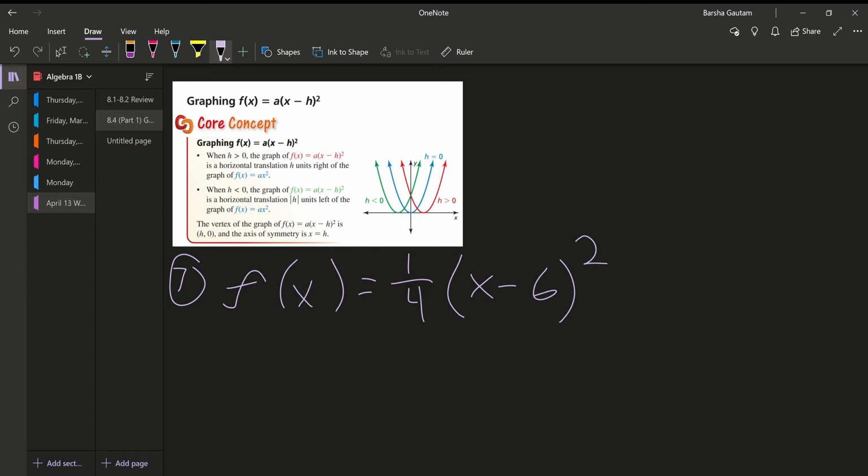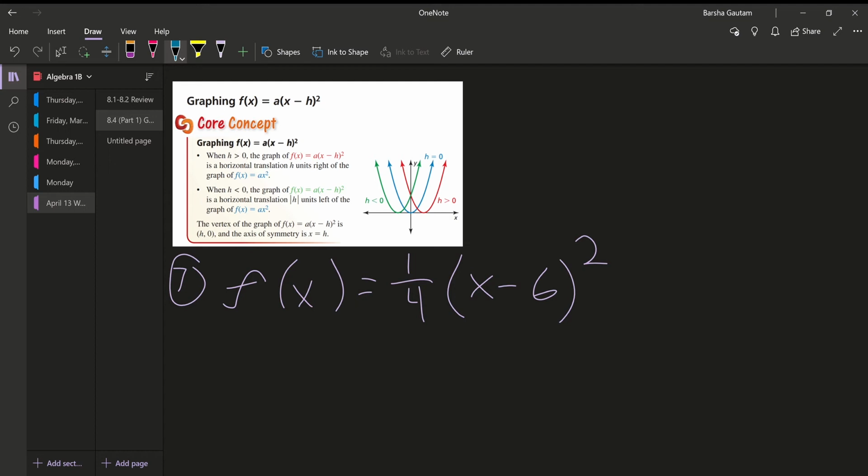For this one, it wants us to find the vertex and the axis of symmetry of the graph of the function. What we can do first is, right below the equation that we have already, write the original equation that we see at the top.